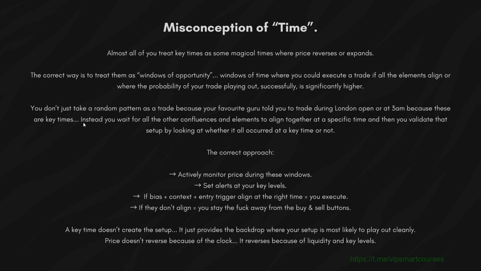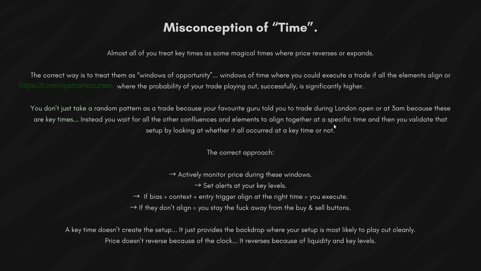That's not how it works. Instead, you wait for all of the other confluences and elements to align together at one of these specific times or windows of opportunity, and then you validate that setup by looking at whether it all occurred at a key time or not.